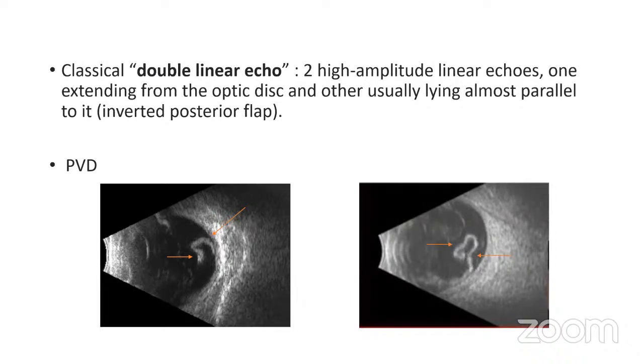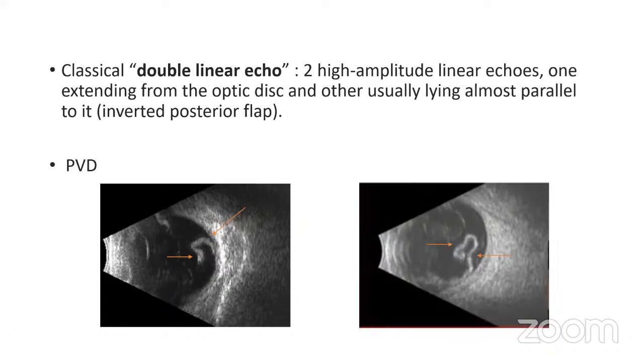Sometimes, as in this case, it may not be too obvious. You can see that there is some PVD already formed here. This is a suggestive feature because when there is a discontinuity in the retinal echo anteriorly, it is suggestive that it is extending more than one quadrant.